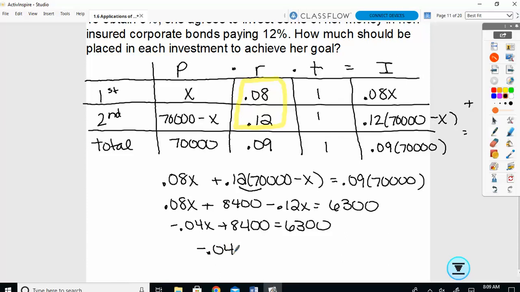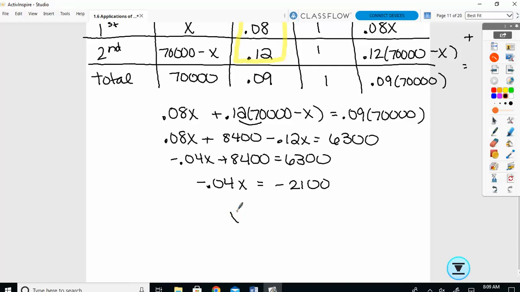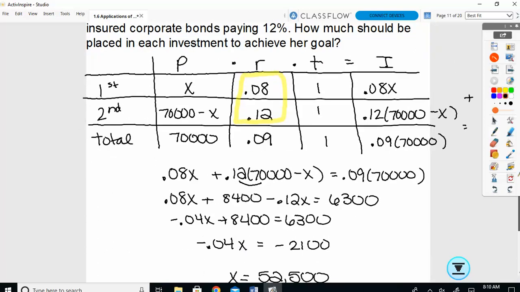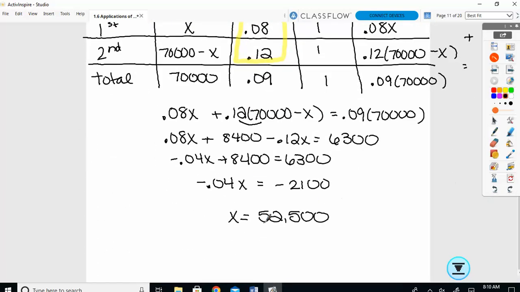So if we subtract over the 8,400, divide, and then what do you get? 52,500. The question wanted to know how much should be placed in each investment. So when I look at this, X was the 8%.